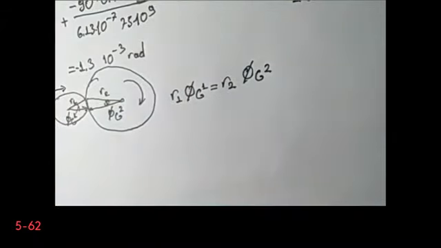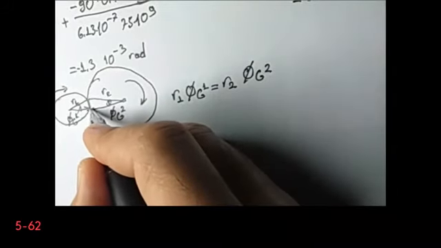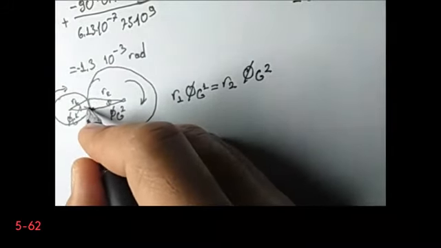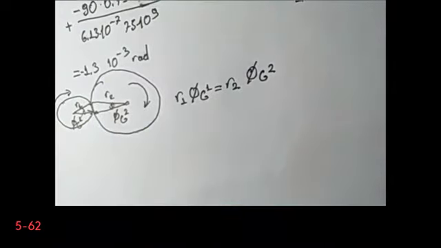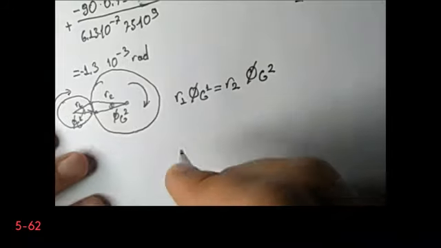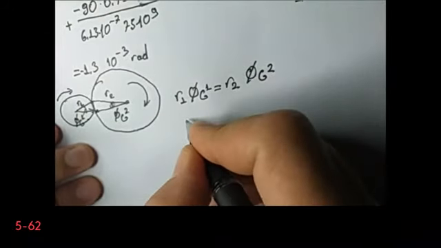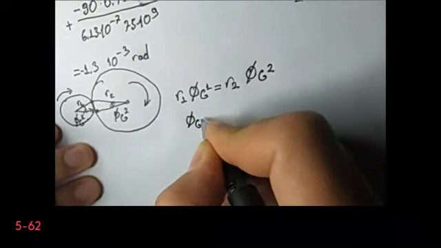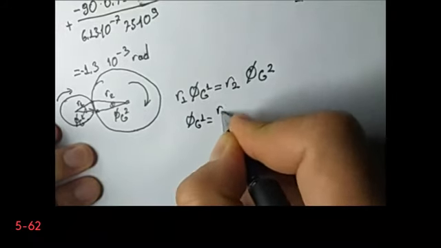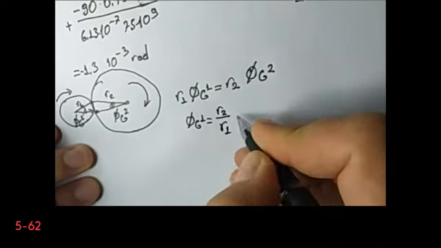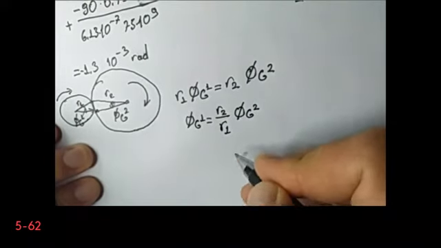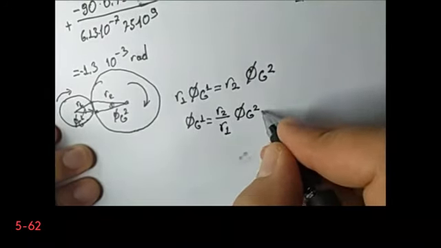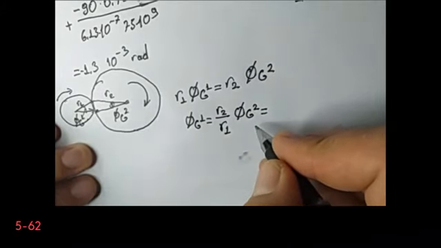Okay, so when it goes from displacement from here to here, it makes a displacement from here to there as well. So from here I can calculate the rotation angle of twist of gear 1. So the gear 1 makes a rotation R2 divided by R1 multiplied by twist of gear 2.